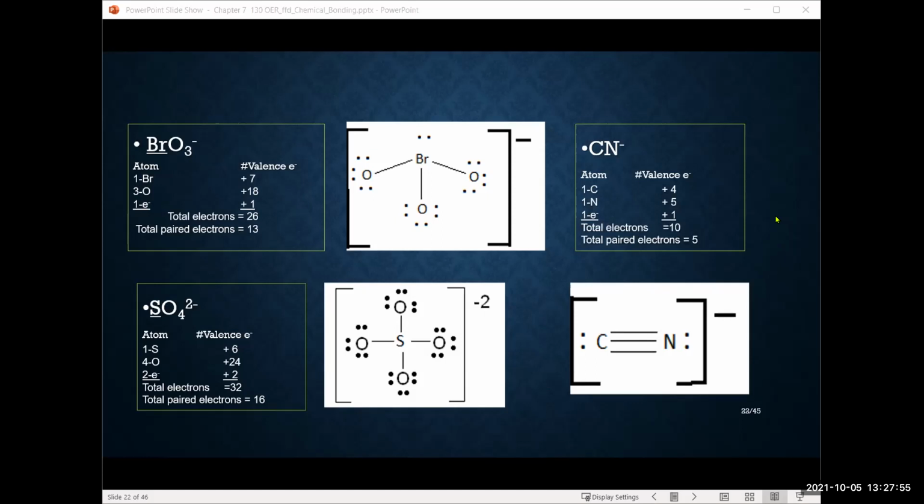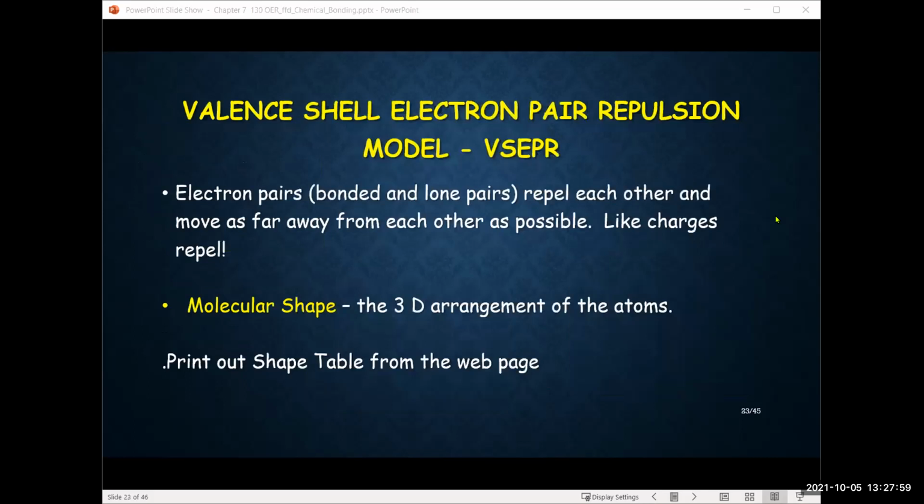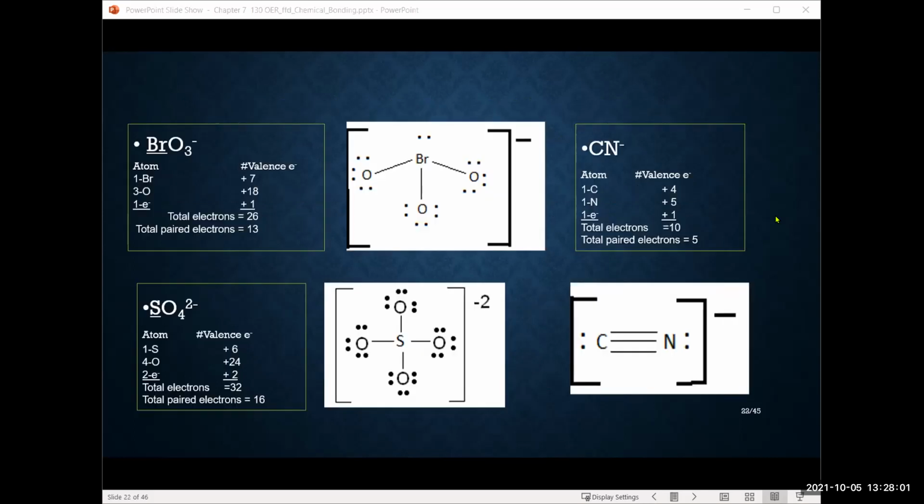It's only 2 things being bonded. Okay, so that is how you do polyatomic ions, just like you do the covalent neutral compounds. The only difference is you account for the extra negative or subtract for the positive for the ion, add the bracket, and then put the corresponding charge in the top right of the bracket.